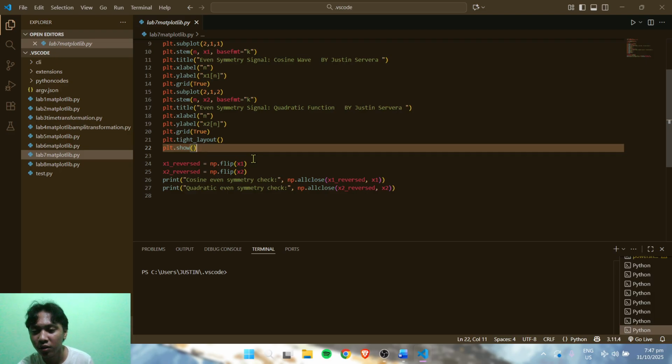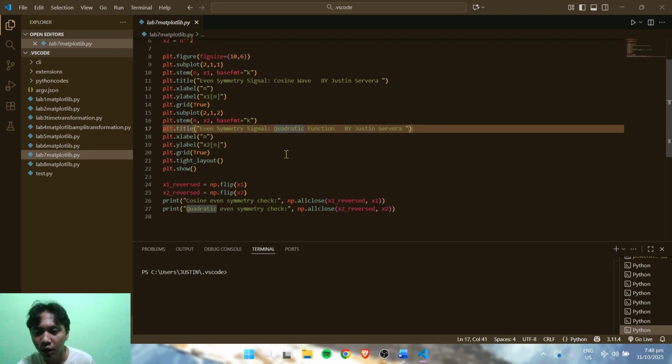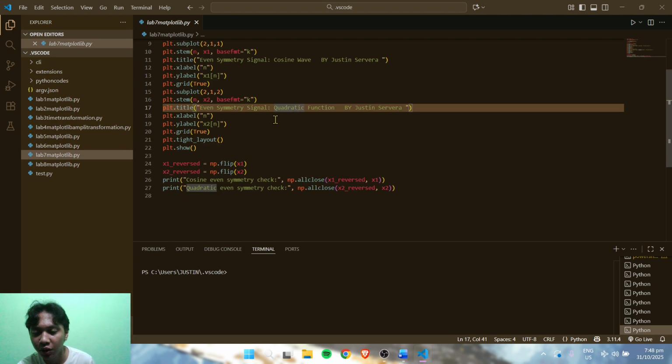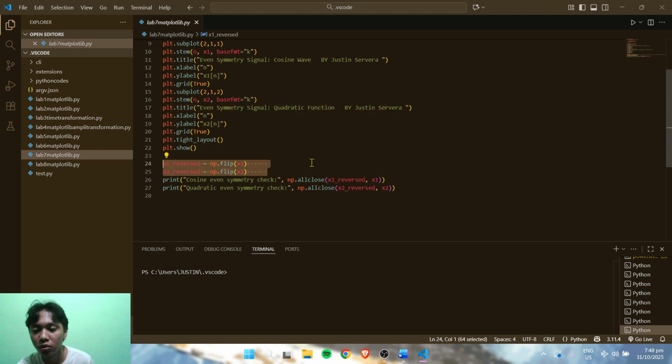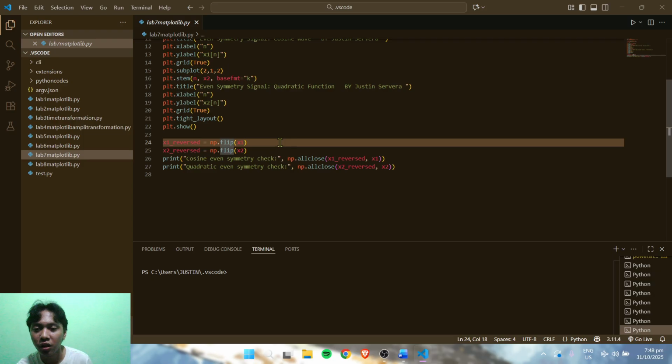Both plots, the cosine wave and quadratic function, will clearly show even symmetry, and this is to check the even symmetry mathematically. This reverses the arrays. For example, x1 is equal to 1, 2, and 3, and np.flip will reverse it, so x1 is equal to 3, 2, 1.